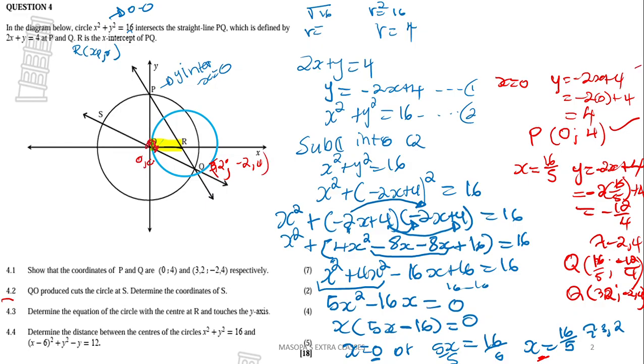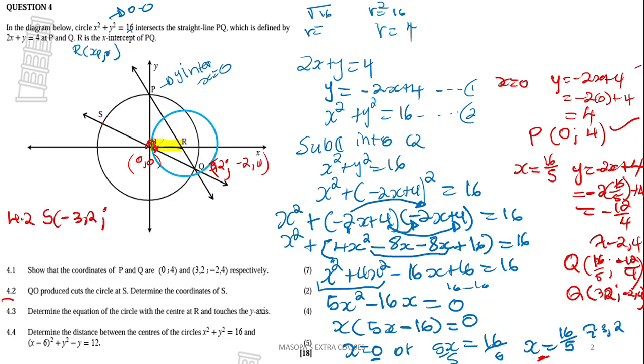So now, to get the coordinate of S, basically you're going to say, okay, now 3.2 to 0, what is the difference there? Which is 3.2, right? So you add 3.2. When you add 3.2 on this side, you get negative because it's on the negative x-axis. The coordinate of S will be negative 3.2 for the x value, right?